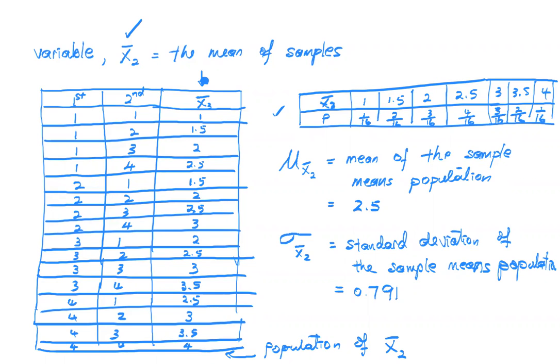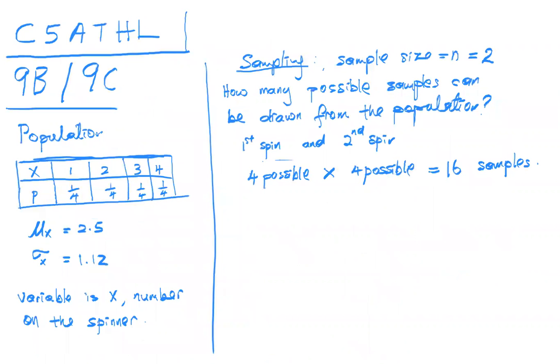Okay, can anyone tell me why the standard deviation of sample mean population is much smaller than the population of X standard deviation? Okay, you don't want to answer me, never mind.